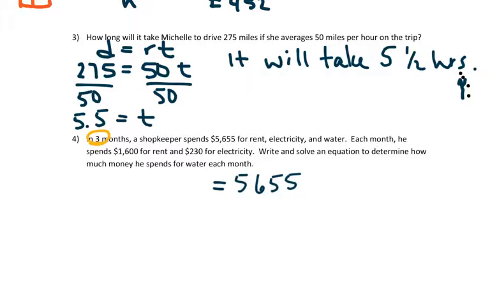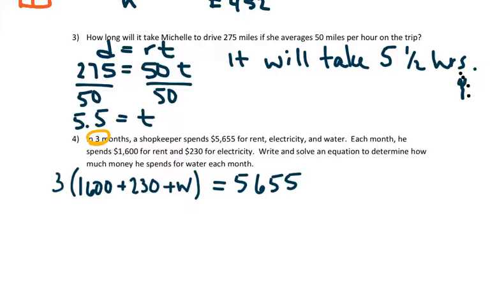So we would add up $1,600 plus $230 plus the water. That's how much he spends each month, and then we have to multiply that by 3.